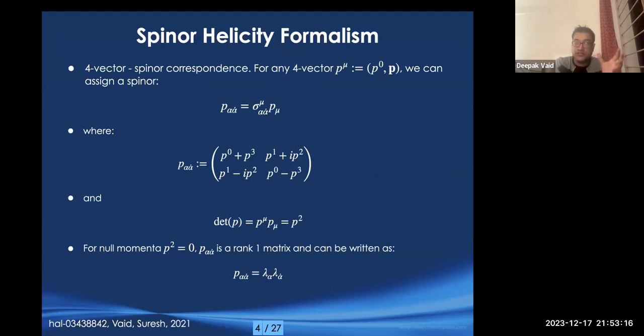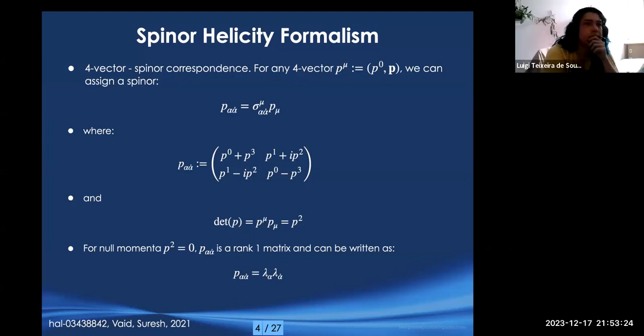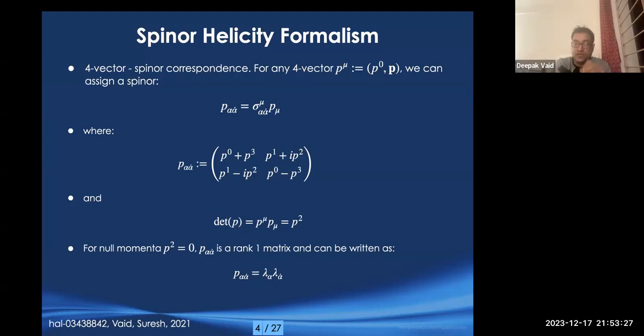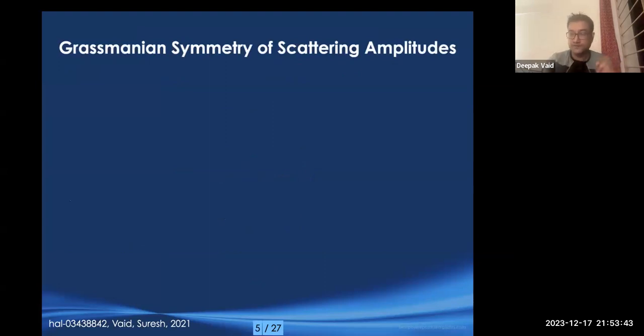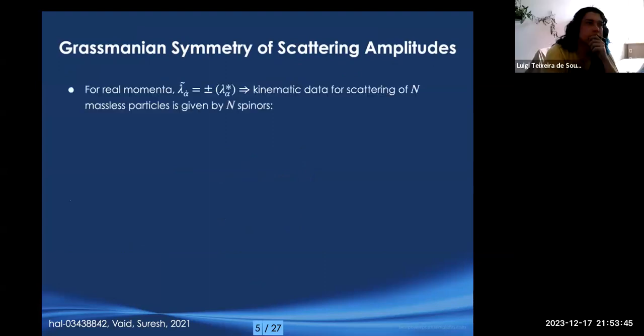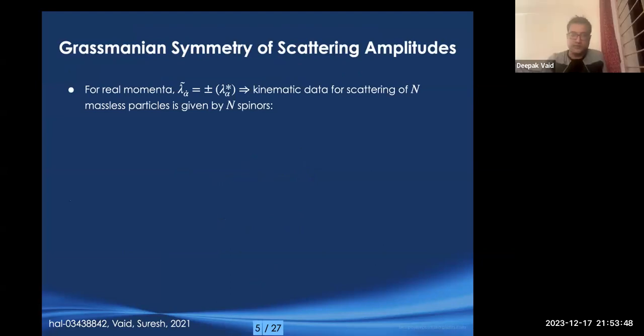Now we are going to consider the scattering of n massless particles, and we are going to use this labeling to describe the momenta. When we do that, what we find is that each point in the configuration space of the scattering of n massless particles can be labeled by a point in something called a Grassmannian. I'll tell you what that is in a bit. We want to consider real momenta.